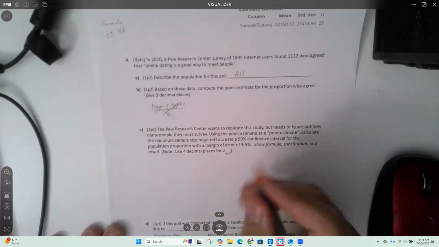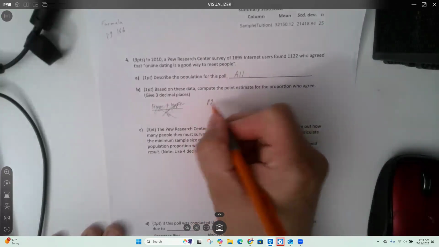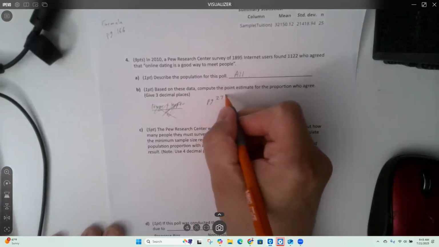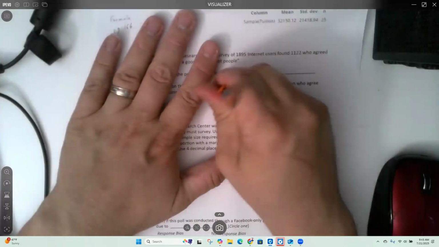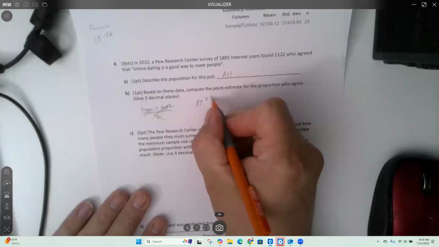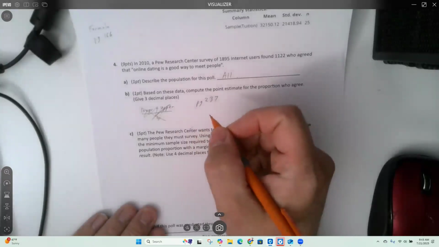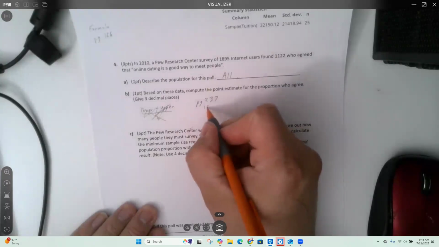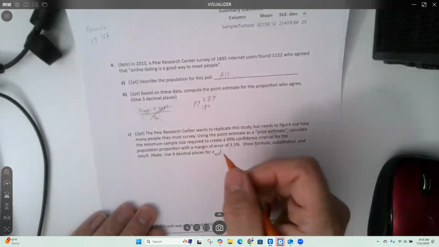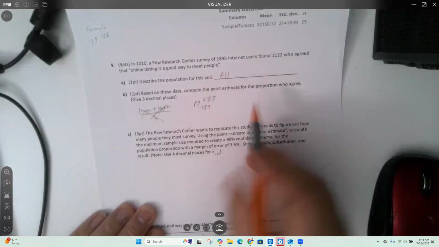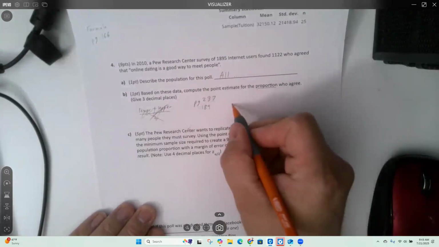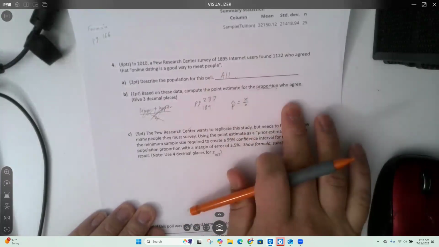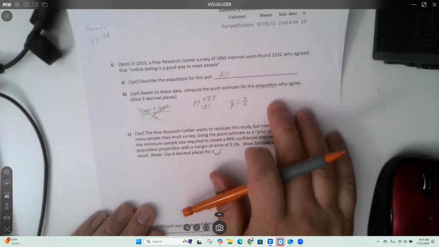You can find that on page 237 and then page 189 as well. So we need to do a proportion, which is p hat, which is x over n, and that's just going to give you your point estimate.